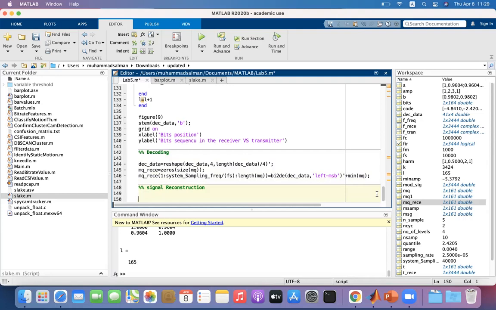Amplification is required when your signal is very weak. In that case, you amplify the amplitude of your signal. By amplifying the amplitude, your signal becomes stronger and you can recover the information from there. For that sake, I'm going to convert it first to the frequency domain.